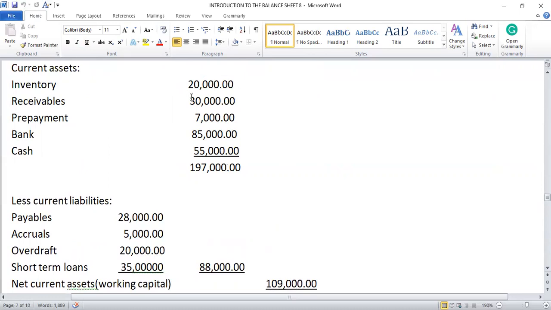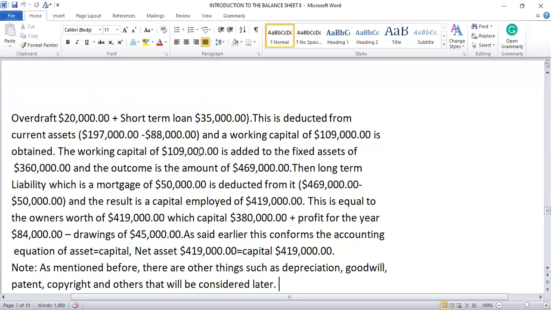Inventory, $20,000. Receivables, $30,000. Prepayment, $7,000. Bank, $85,000. Then cash, $55,000. This is deducted from the current assets.